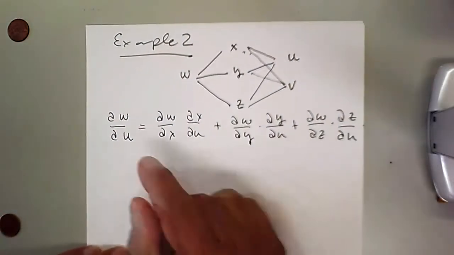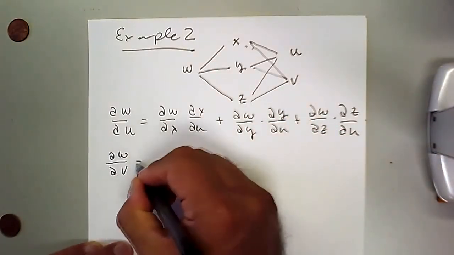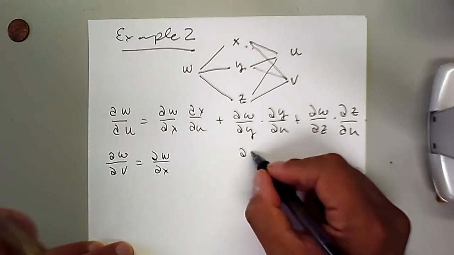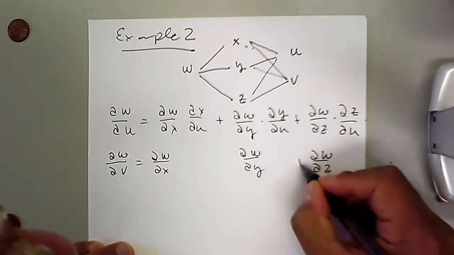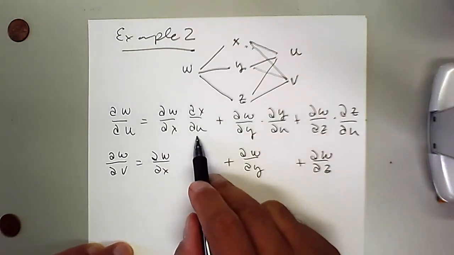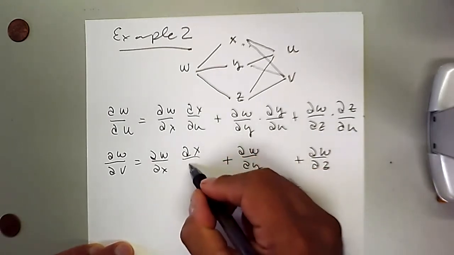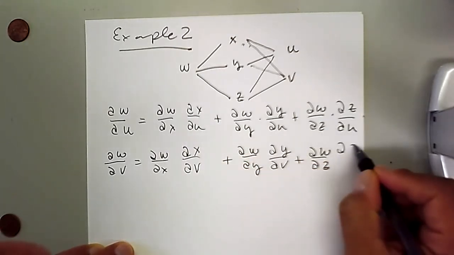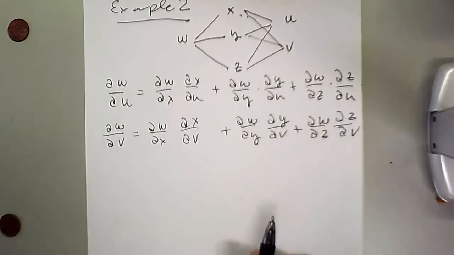This is short enough that we can write the same thing for V. The partial of W with respect to V is, oh, this is interesting because those 3 are going to be the same: W with respect to X, W with respect to Y, W with respect to Z. What changes is that X is going to be differentiated with respect to V, and so is Y, and so is Z. So the partial of X with respect to V, partial of Y with respect to V, partial of Z with respect to V, as opposed to U, U, U. So it's interesting.